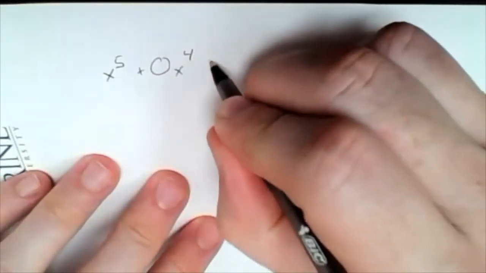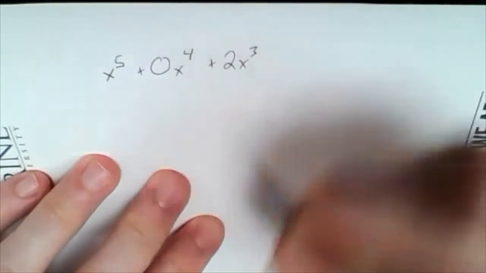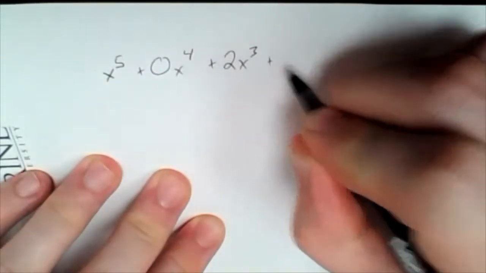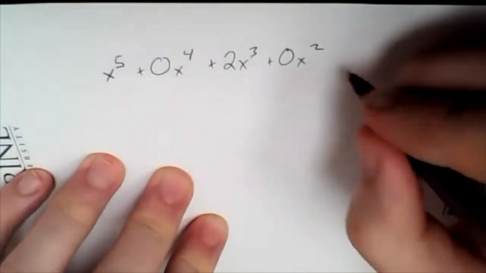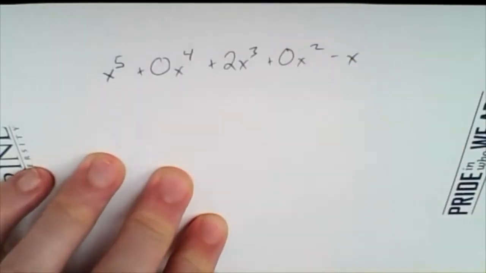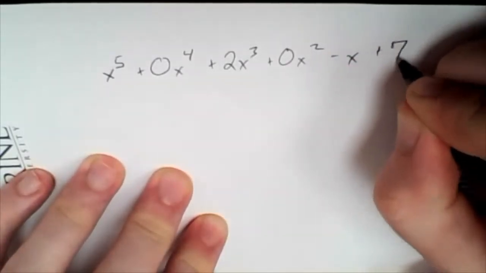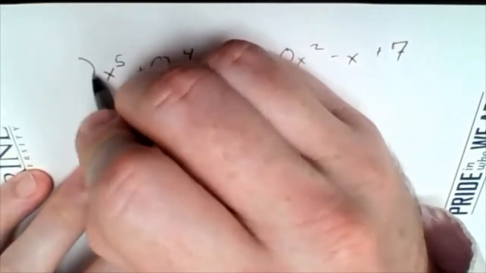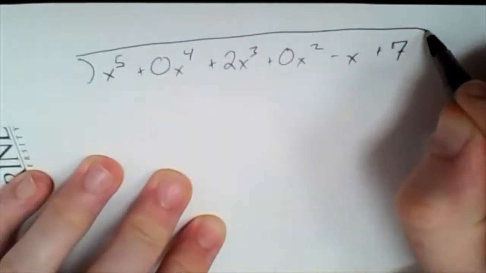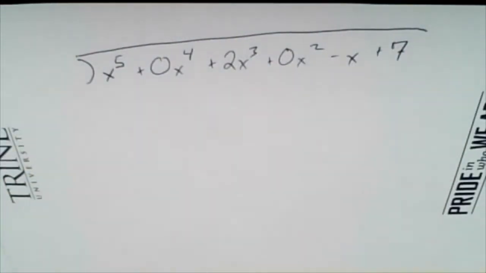So there is my plus 2x cubed. There was no x squared, so I'll just put a placeholder of 0x squared. Take away x and plus 7. There was my numerator polynomial. Go ahead and put in the vinculum, is the name for that shape, but you don't need to memorize that.